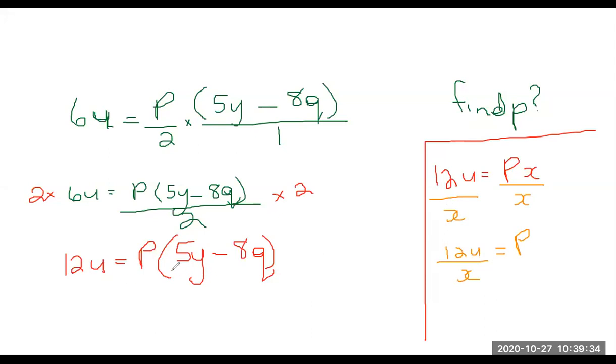Now look at this question. 12u is equal to p times (5y minus 8q). What can I do to get p by itself? Yes, so what I'm trying to show is the similarity between both: this entire term right here, because it's in parentheses, I could divide the whole thing.